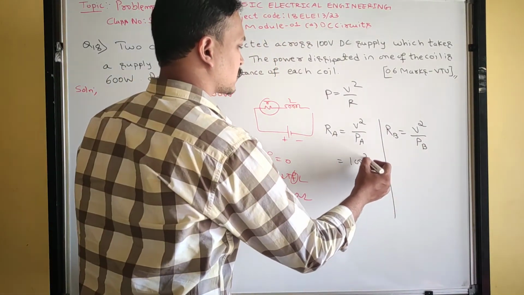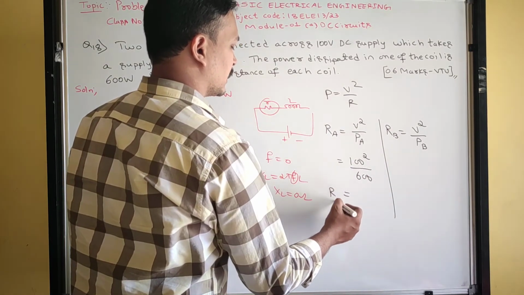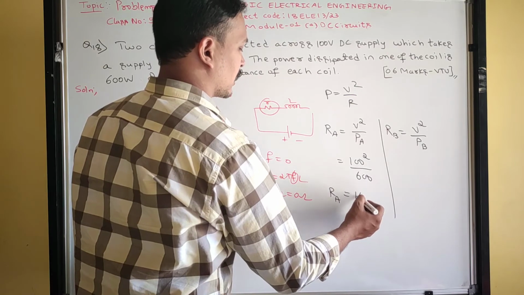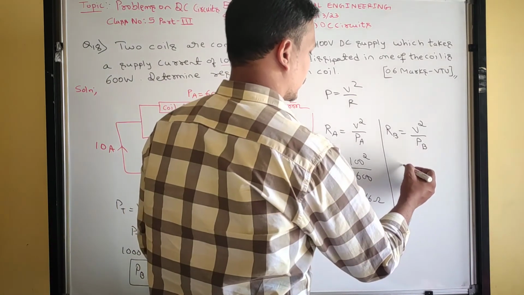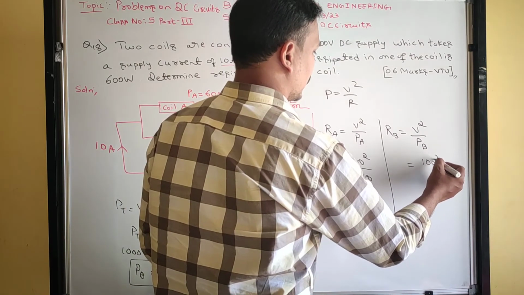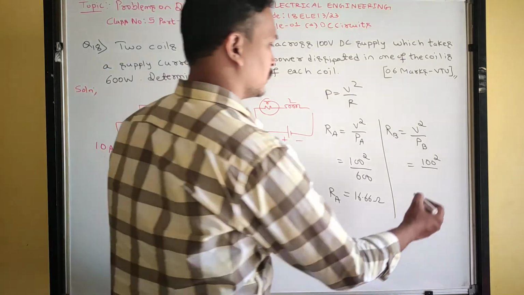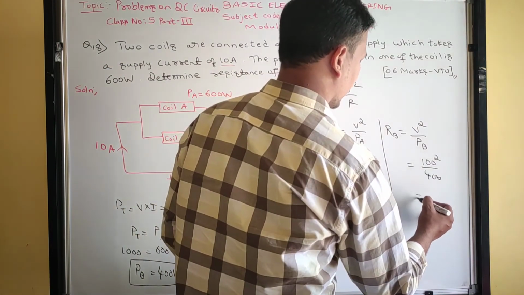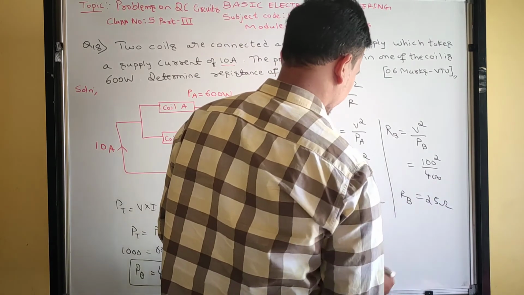So 100 square divided by 600. You do this, you will get resistance of coil A around 16.66 ohms. And resistance of coil B, V square by PB. What is PB? 400. So divided by 400, you will get RB value 25 ohms.